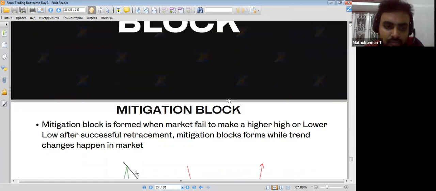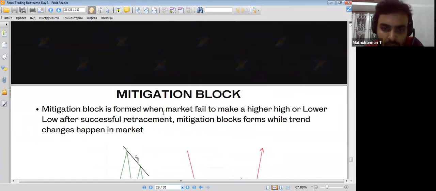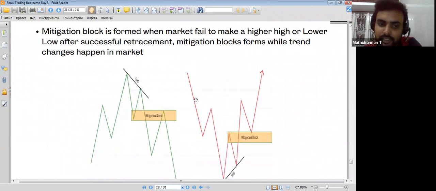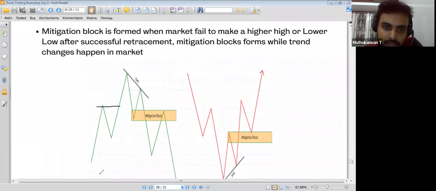Okay. A mitigation block is formed when the market fails to make a higher high or lower low after a successful retracement. Now you can see here, breakout of structure happened, right?